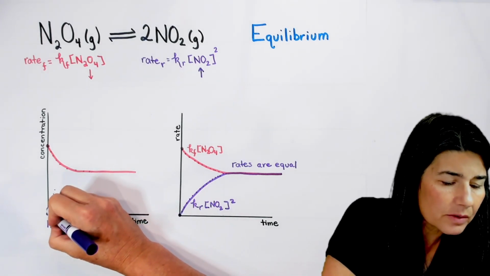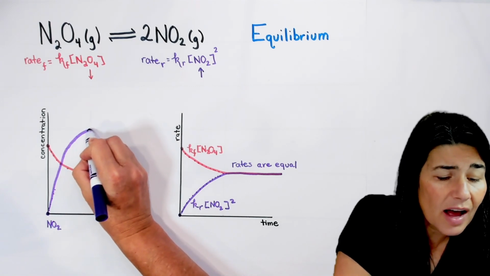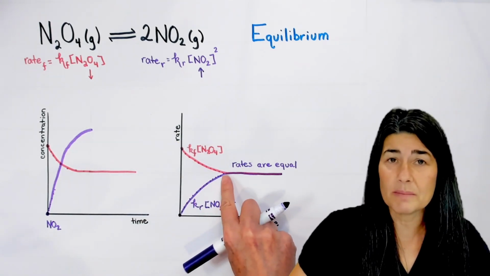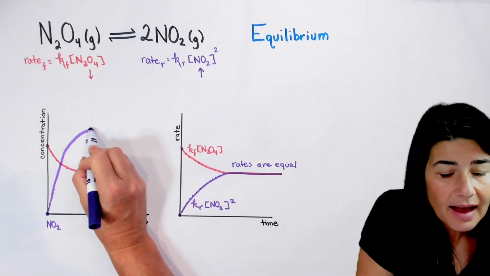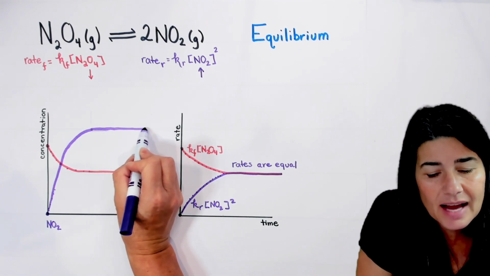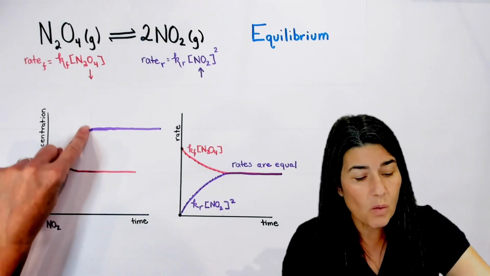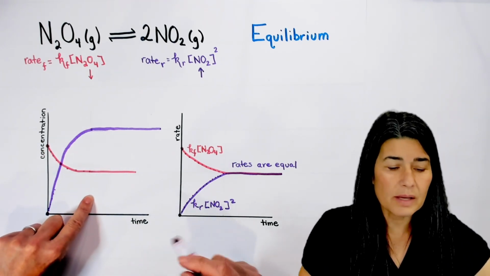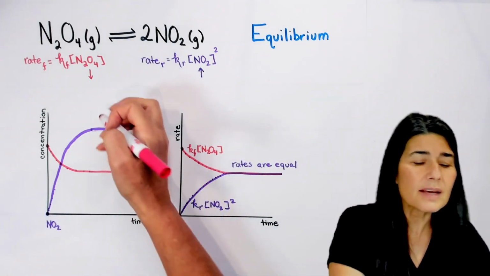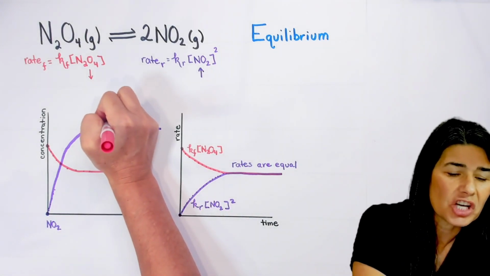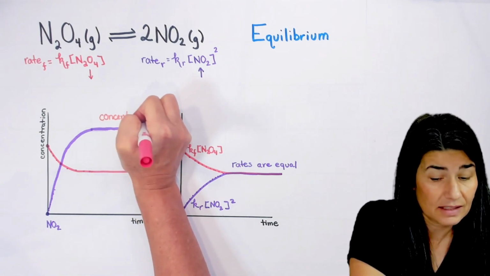The reverse amount is going to grow and grow until equilibrium is established and we're trading back and forth equal amounts, and then the amounts of my reactants will not change. So at this point, equilibrium was established. So equilibrium is established when rates are equal or concentrations do not change. So your concentrations are constant.